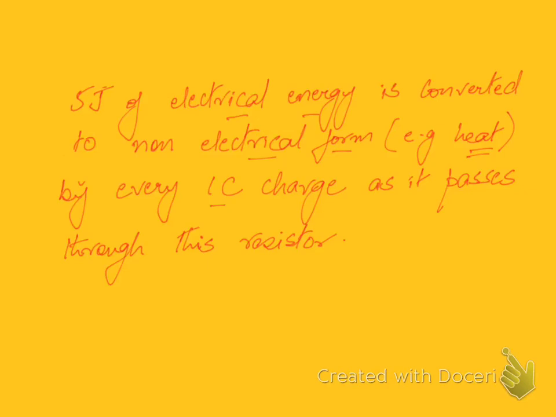So you see, it's the other way around. In this case, the electrical energy is converted to non-electrical form. Remember, there are some other words that we can use instead of energy conversion. So we can say energy converted.